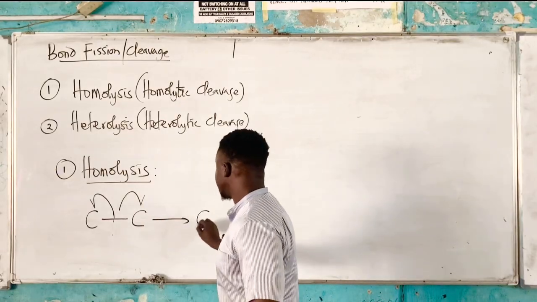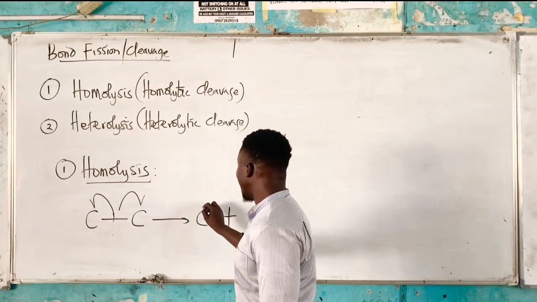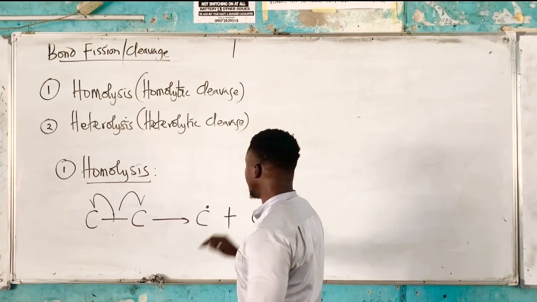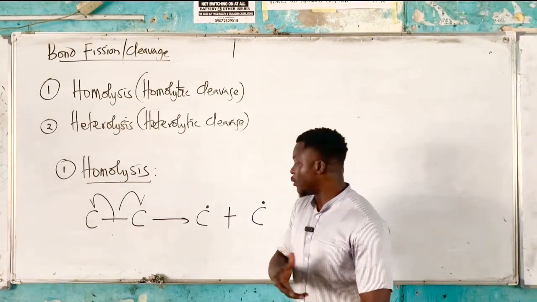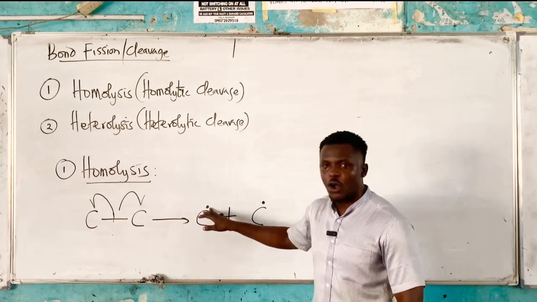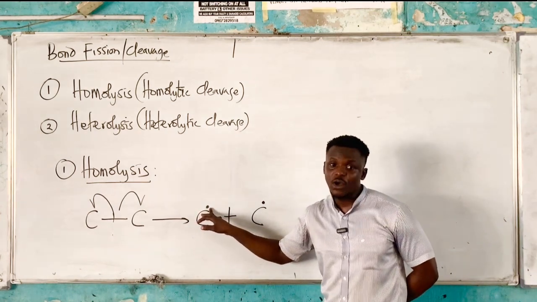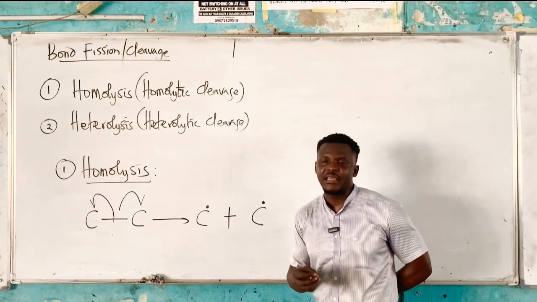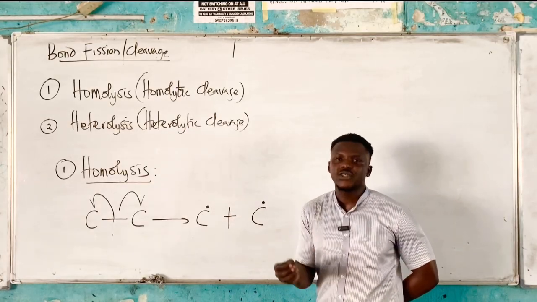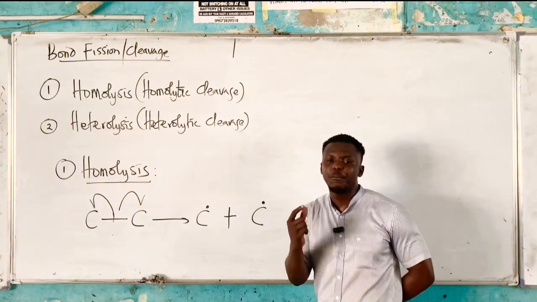Now the product here is C dot plus C dot. So we have one electron here and we have one electron here. Class, do not forget that. Don't write this one, I'm going to dictate. This is called a free radical. A free radical is basically an atom or a compound that has an unpaired electron.